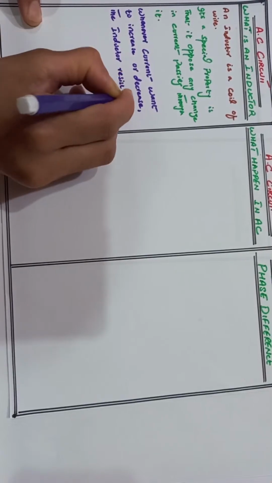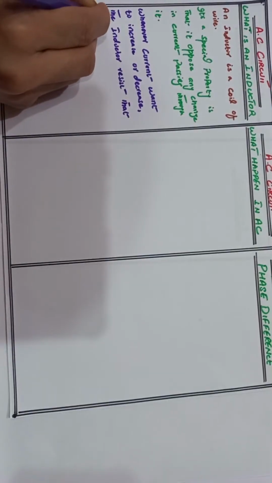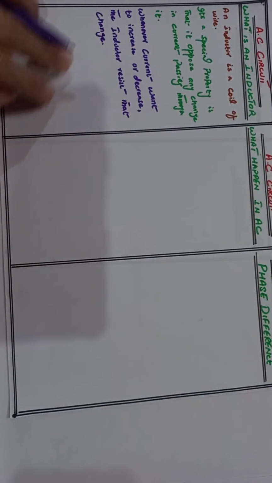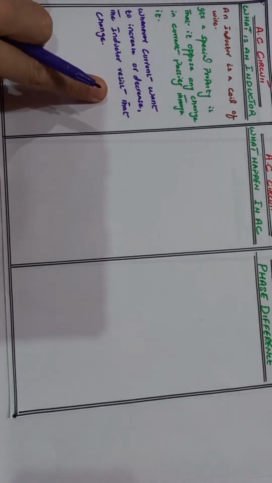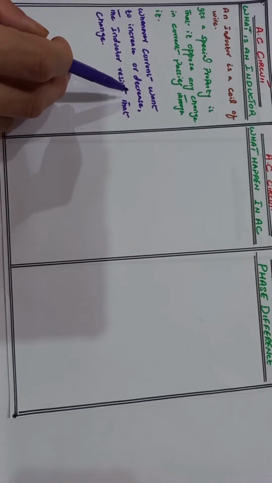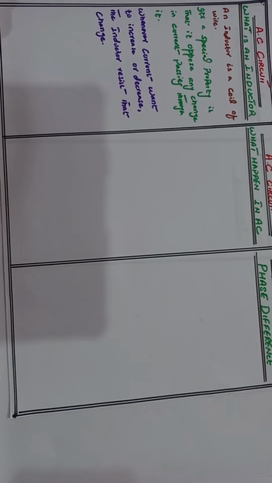Whenever the current in an inductor wants to increase, the inductor always resists that change, and whenever the current wants to decrease, the inductor always resists that change.